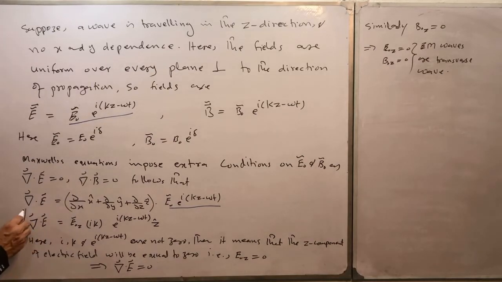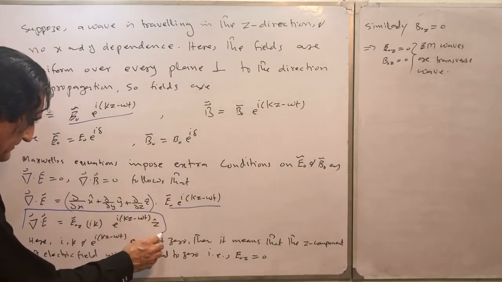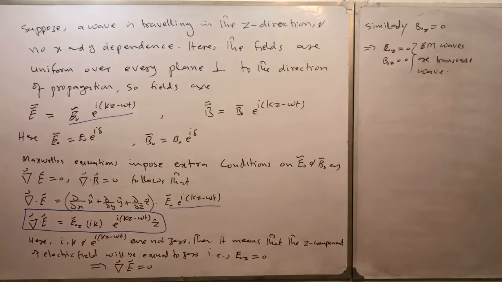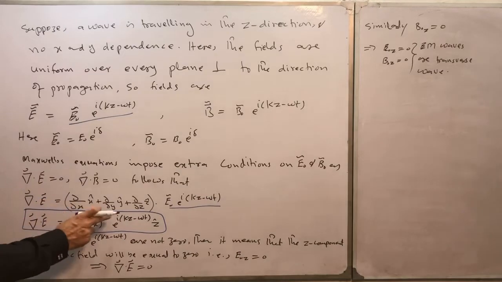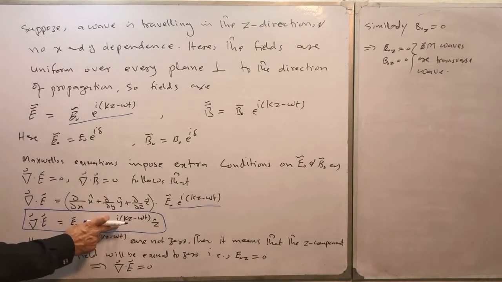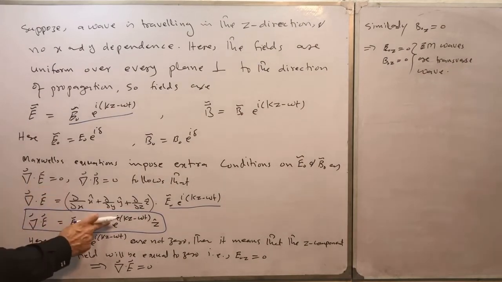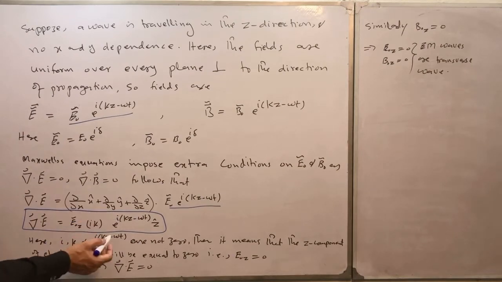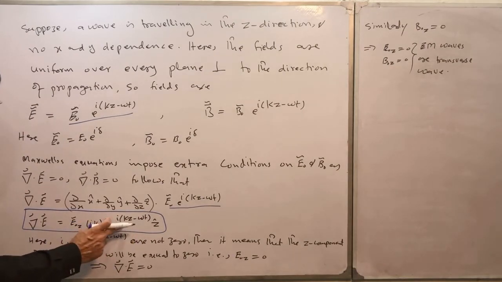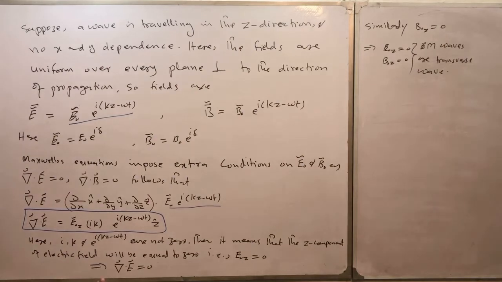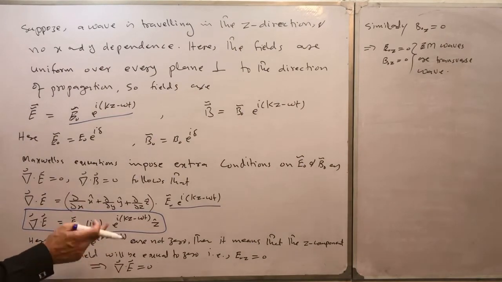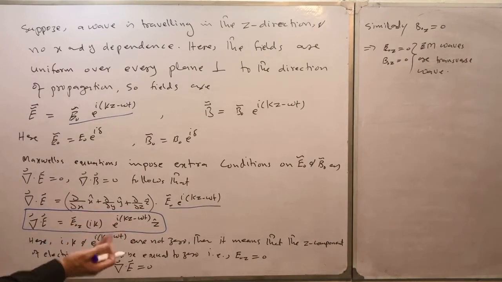Now this is the relation, and we need to get 0 here, because we need the divergence of E to be equal to 0. How can we get 0? The exponential of this term is not equal to 0, i is not equal to 0, k is not equal to 0.